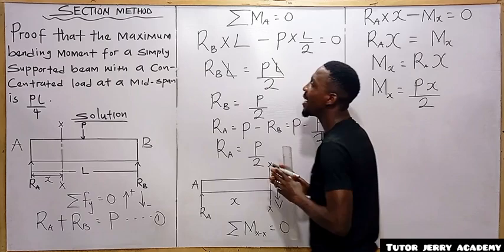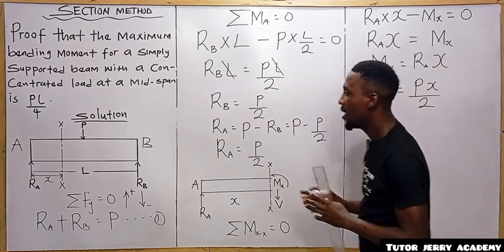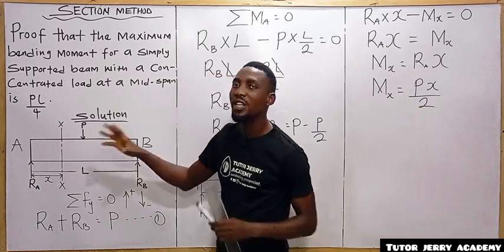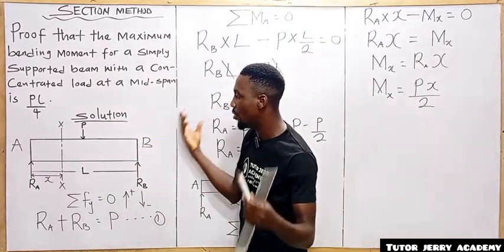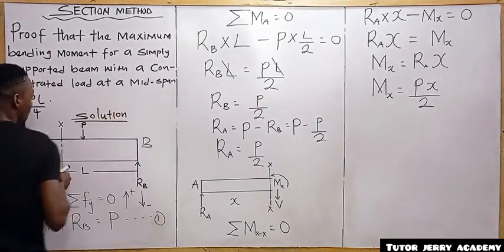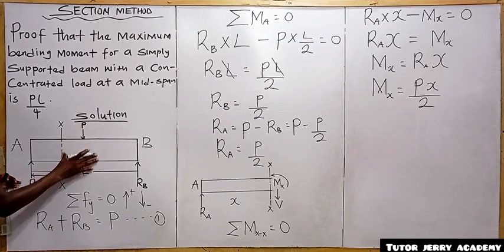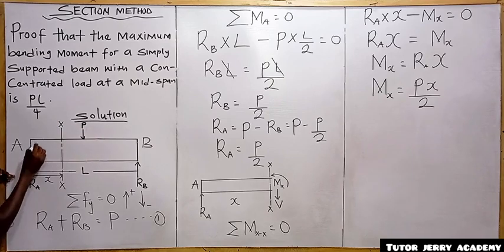Now, how do we get the maximum bending moment? If we draw the bending moment, but we don't even need to draw, let's just sketch it. As this load is acting at the midspan of this beam, the beam is going to bend in this manner.